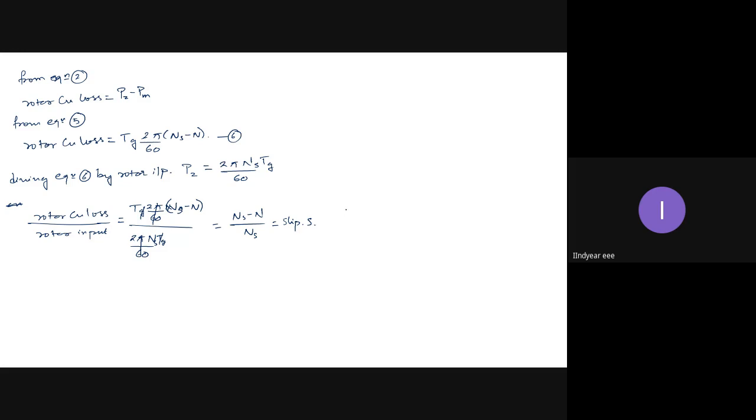Therefore, rotor copper loss divided by rotor input is equal to slip S, or rotor copper loss is equal to slip times rotor input.